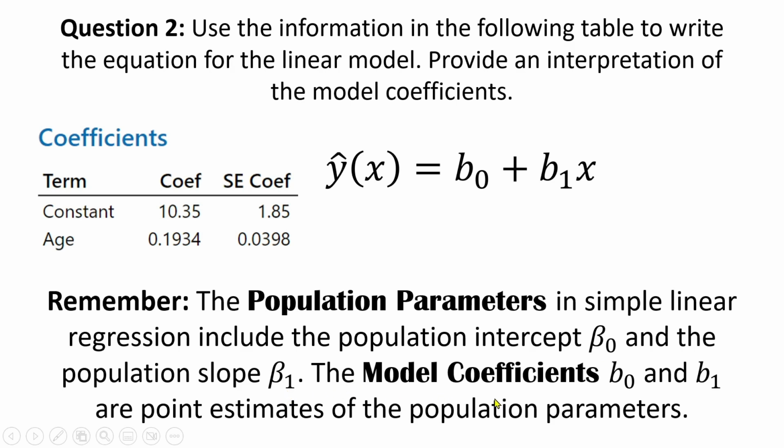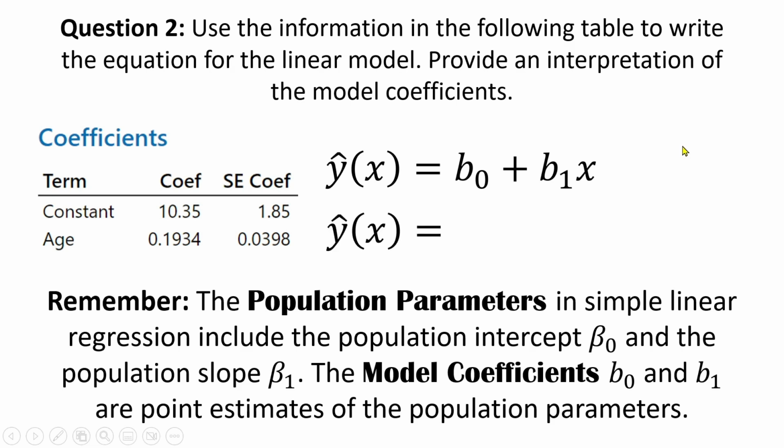The model coefficients are the B0 and the B1 that you get when you do the analysis. So let's just make it clear. We have population parameters on the one hand. These are the things we don't know and that we are trying to estimate. We have model coefficients on the other side. These provide point estimates of those population parameters. So in this case, we can read those point estimates from the table.